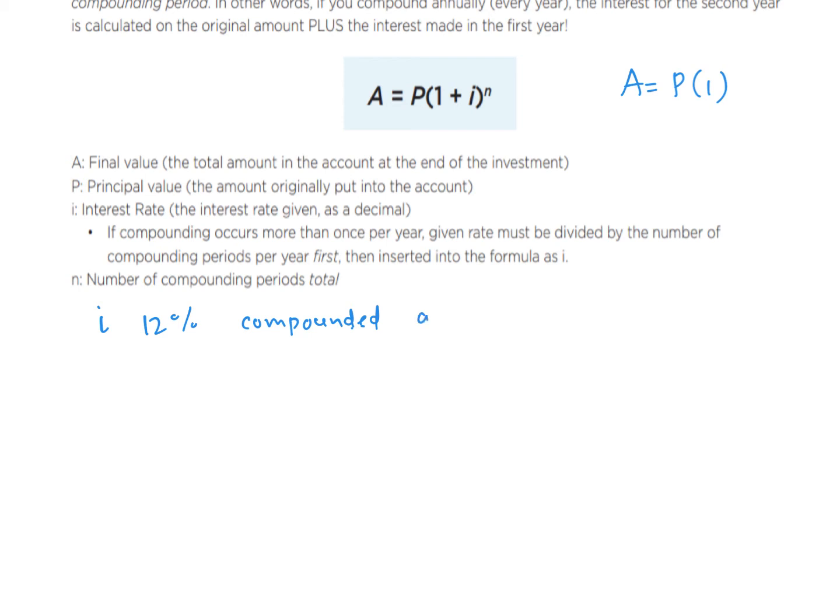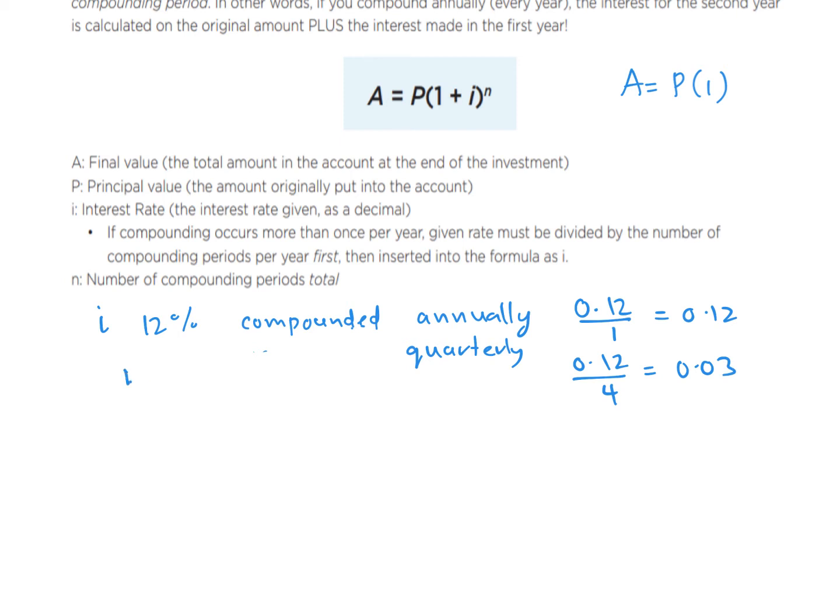So if it was compounded annually, then it would be 12% as a decimal divided by 1. But if it was, I don't need to write compounded out every time, it's time consuming. Let's say it was compounded quarterly. Well, now that 12% is going to be divided into 4. So each time you will get 3%.